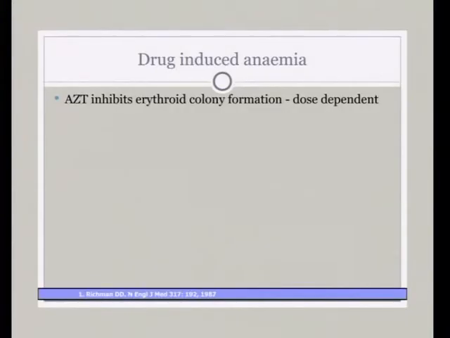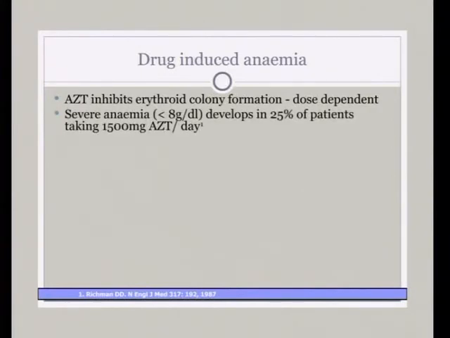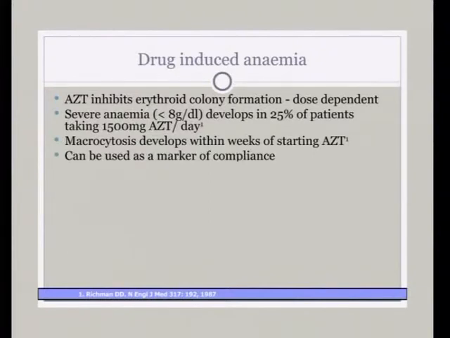So, in terms of drugs, just quickly, AZT, we know that it inhibits erythroid colony formation in a dose-dependent fashion. It causes severe anemia, less than 8 grams per deciliter of Hb, in 25% of patients getting more than 1.5 grams per day. Macrocytes develop quickly, and that is also something that you can use as a surrogate marker for compliance.